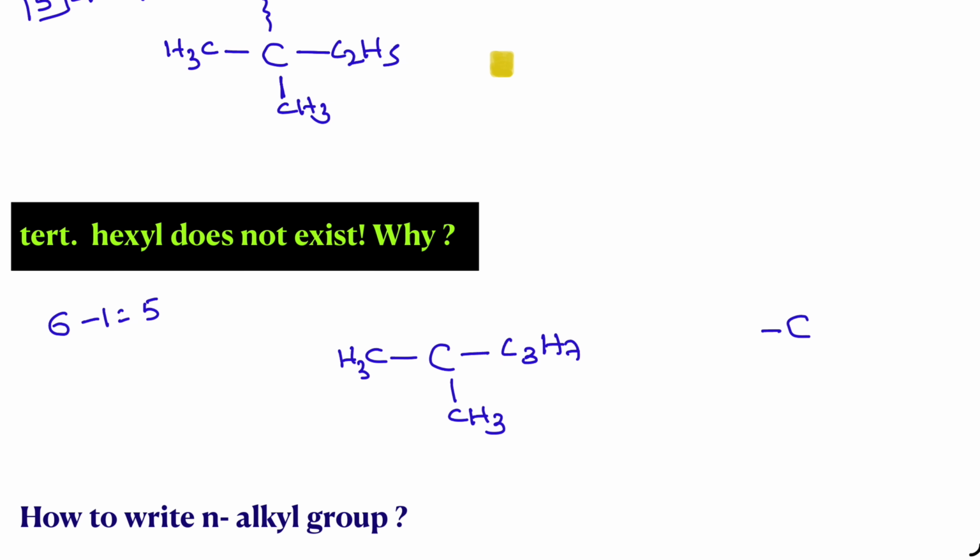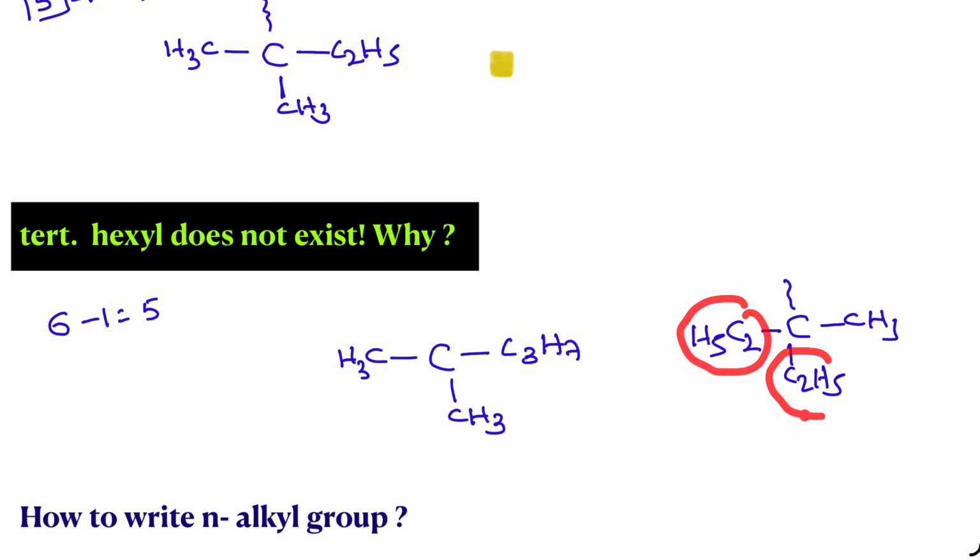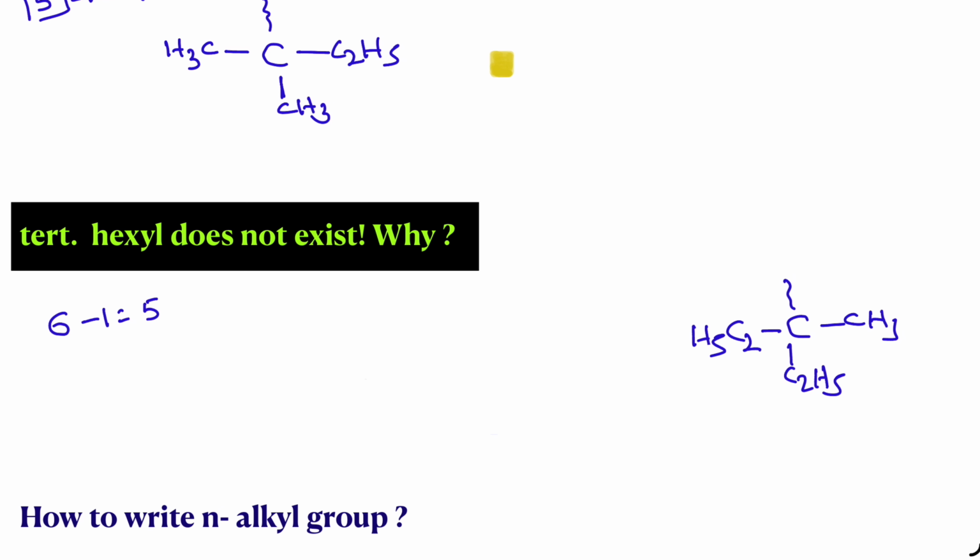Another possibility is we can take C2H5, C2H5, CH3, like this, 2 plus 2 plus 1. So this is indicating tertiary hexyl, this is also indicating tertiary hexyl. Therefore, since one name should indicate only one structure, tertiary hexyl does not exist.